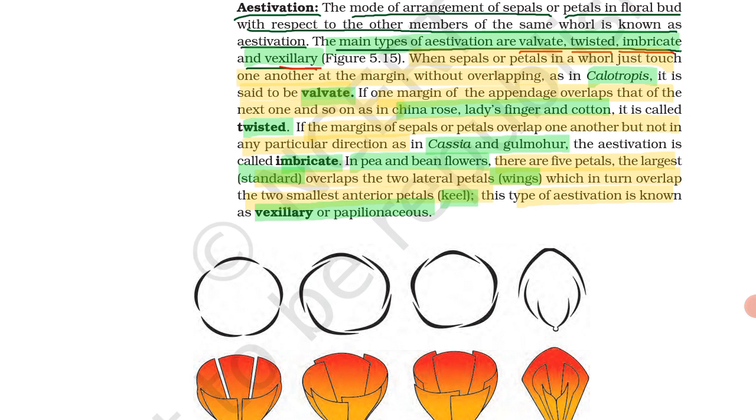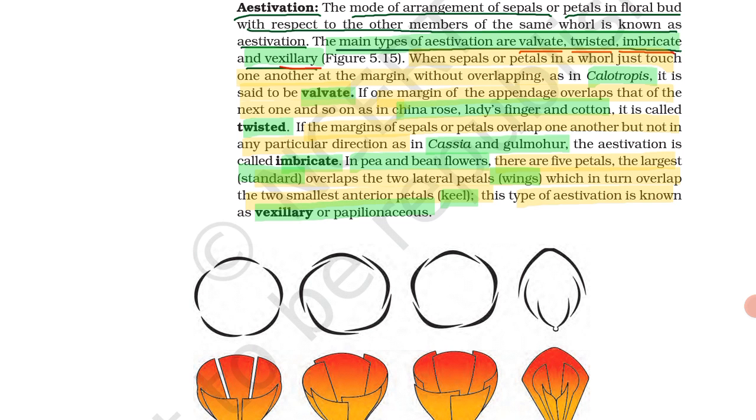Such kind of arrangement is called imbricate. The examples of imbricate aestivation are Cassia and Gulmohar. In imbricate aestivation, sepals and petals overlap one another but not in any particular direction.